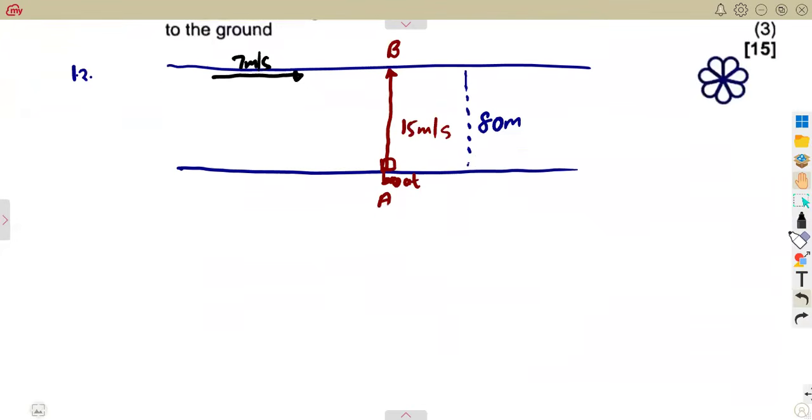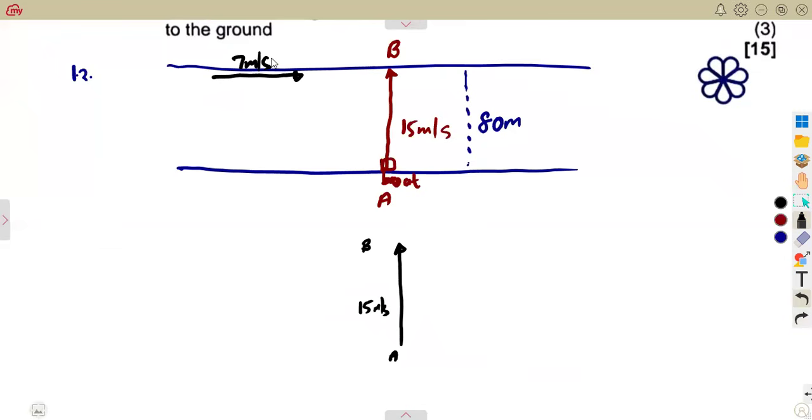Remember our rectangular format. So from this part, what are we having, guys? At the end, this is just going to form a triangle like this. This is our A to B at 15 meters per second.